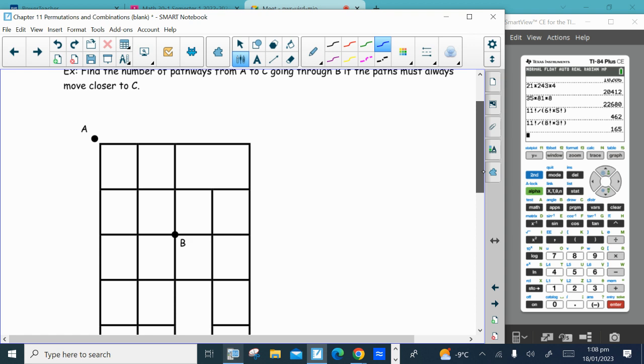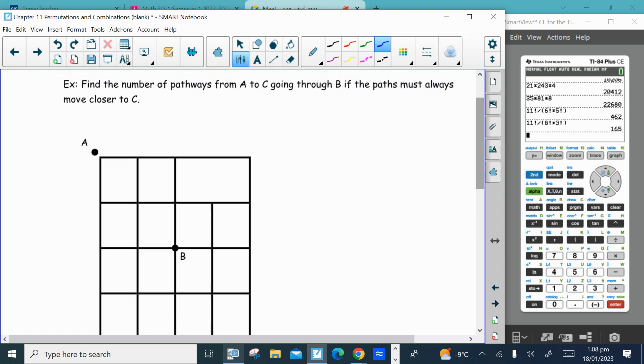The next one. Find the number of pathways from A to C, but you must go through B. And again, always moving closer to C. So if you must travel through that B intersection, always getting closer to C, you can't go any further right than where I put that last one.